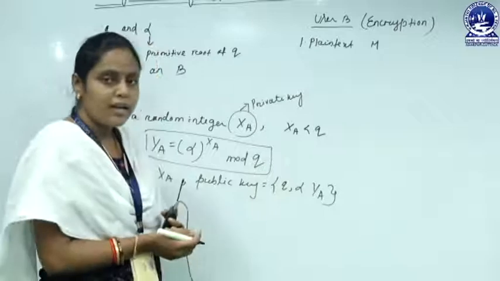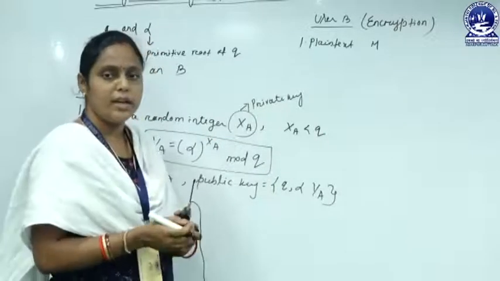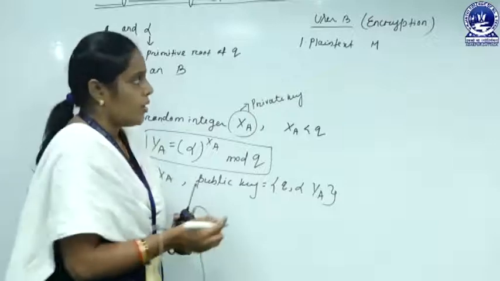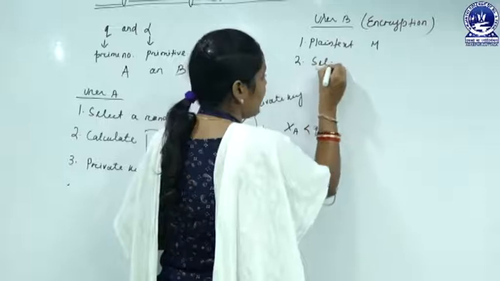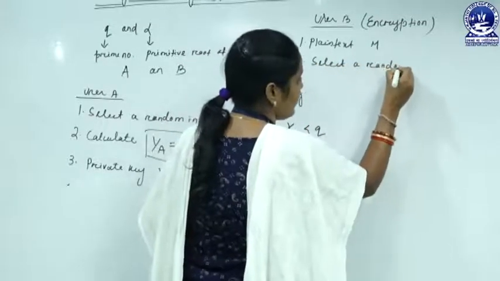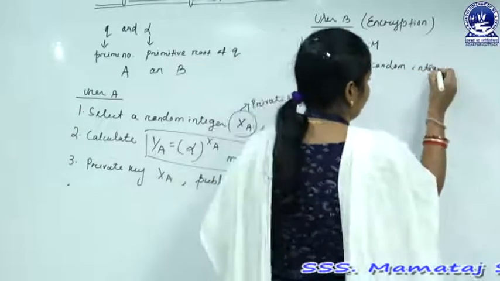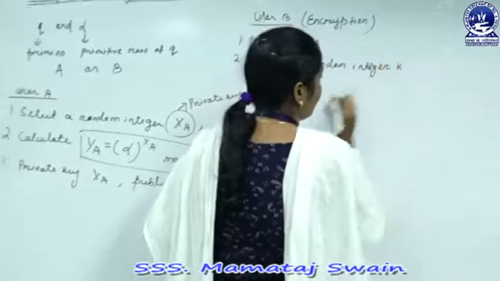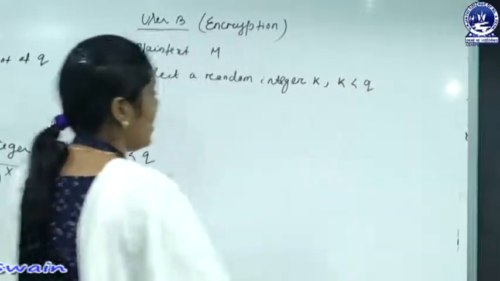Now to encrypt this plain text, first of all user B generates a secret key. In the next step, user B selects a random integer k, where k is less than q.